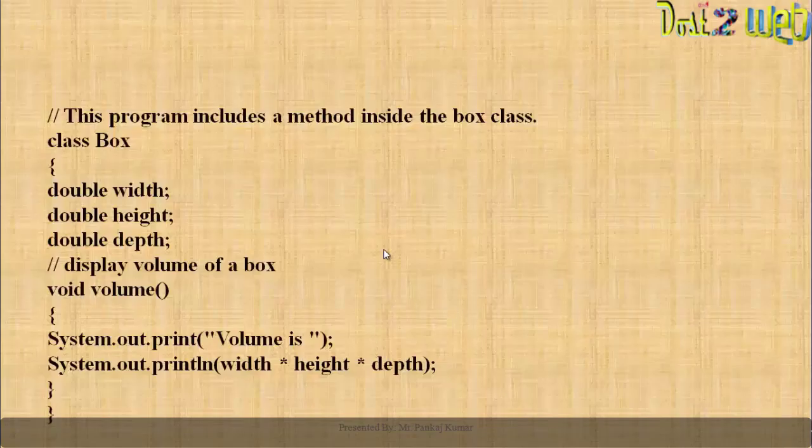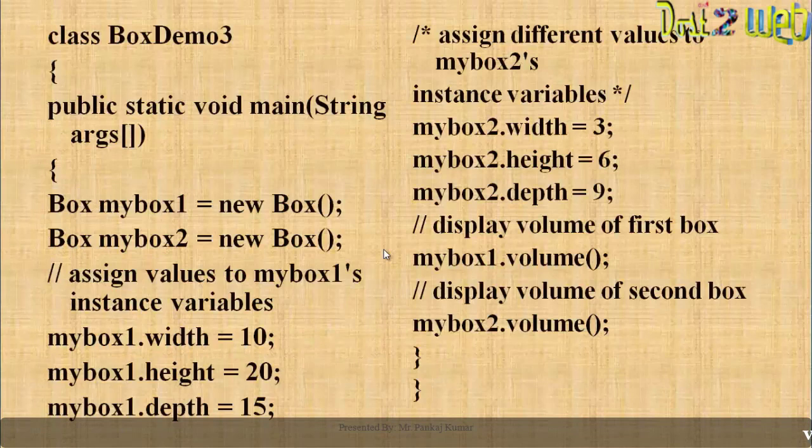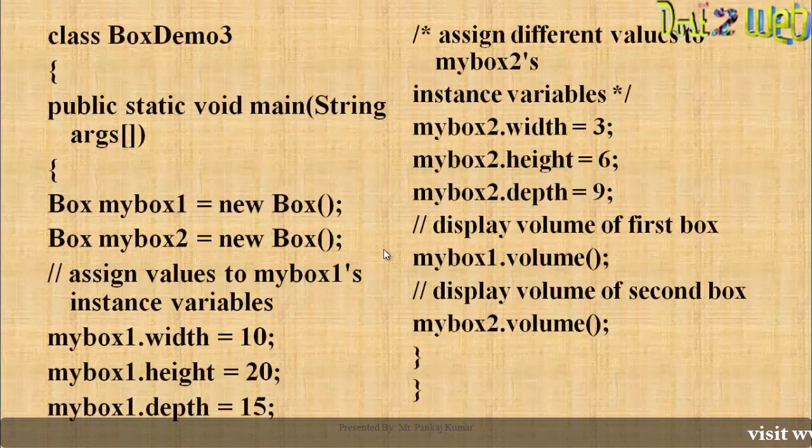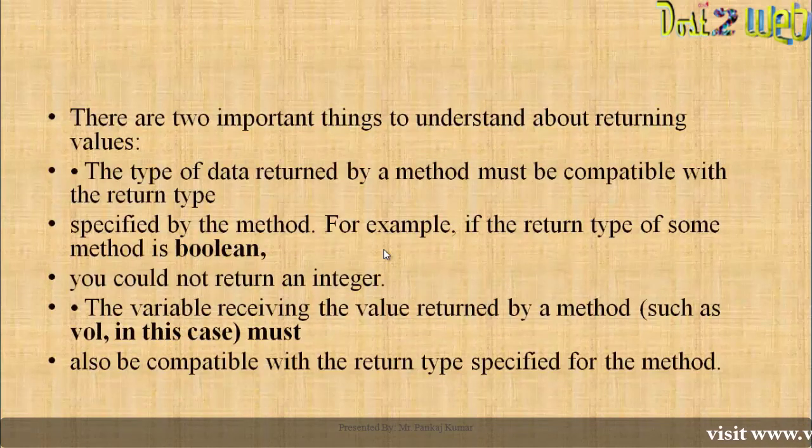So the same example I have given here in the PPT. Okay, so now the main point is there. You have to understand one thing, for returning values we are using return type, right?